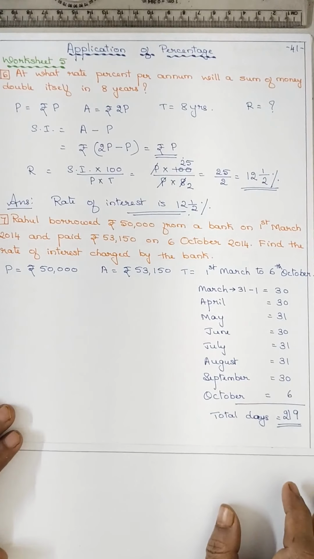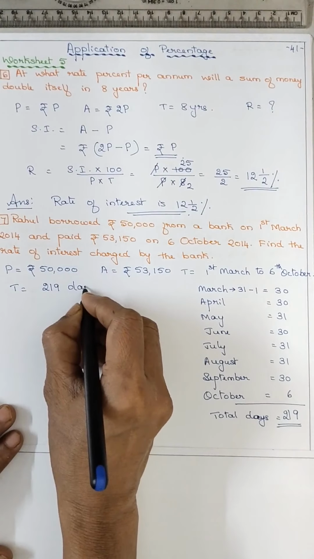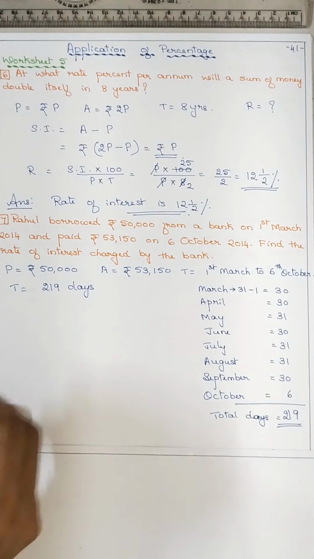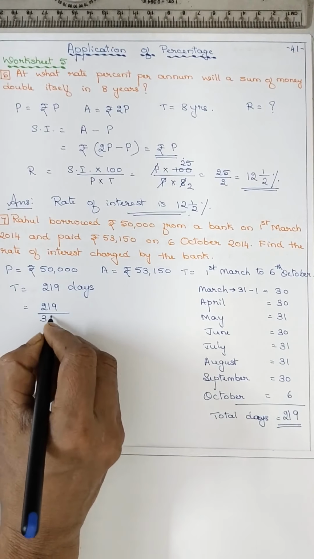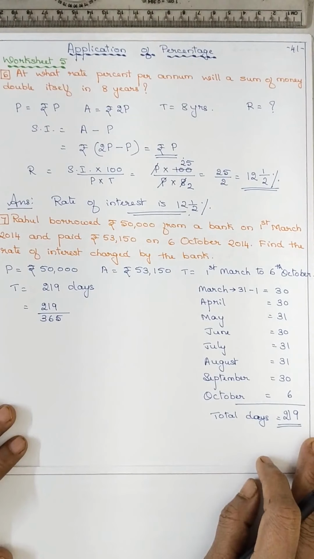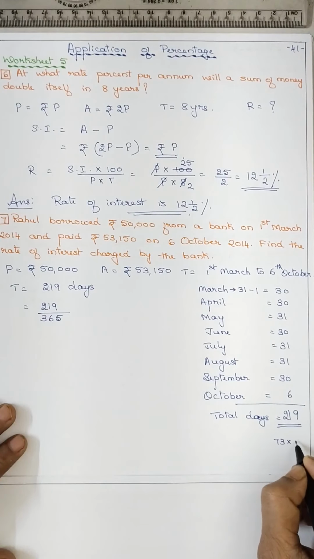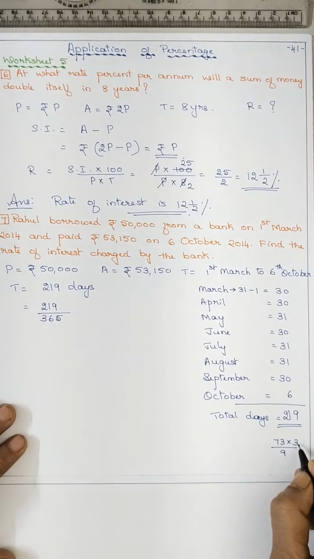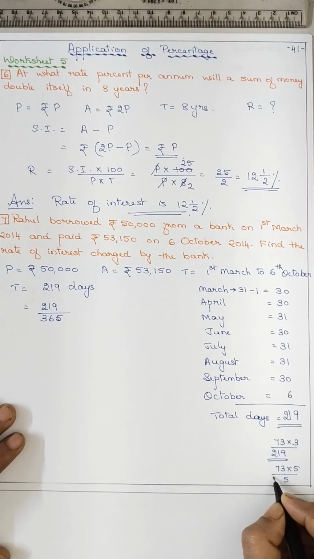So time is equal to 219 days. Convert into years. To convert into years, what are you going to do? 219 upon 365. I've told you already, the days will be in the multiples of 73. Check. 73 3s are 219, and 365 is 73 5s.